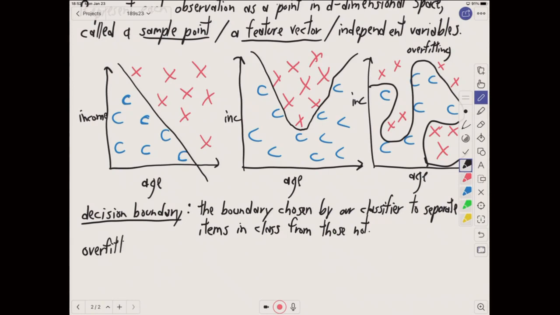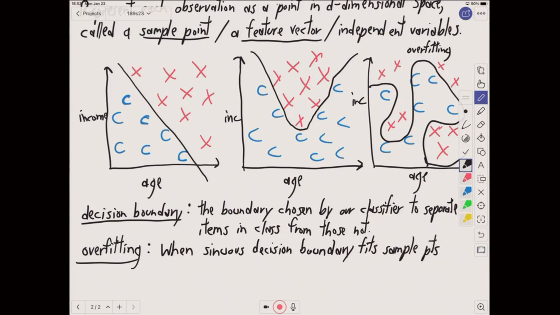And the third example is an example where that happens, and we believe that that will probably lead to overfitting, which is when you make your decision boundaries so sinuous that it's unlikely that they correspond to an understanding of the reality of the situation. So when you overfit, you tend to make bad predictions.